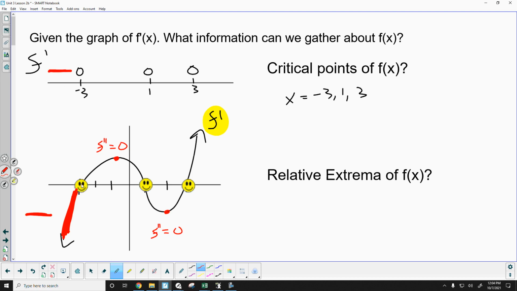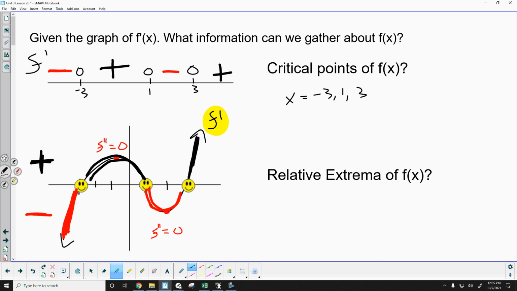A 0 separates positive from negative values, right? Here I am with positive f prime values because they're above the x-axis. The y values of f prime are positive. And then I have negative f prime values from 1 to 3. And then I have positive f prime values after that.